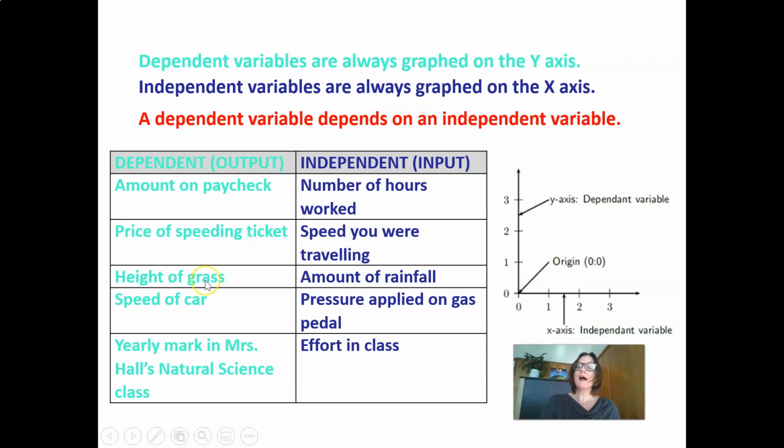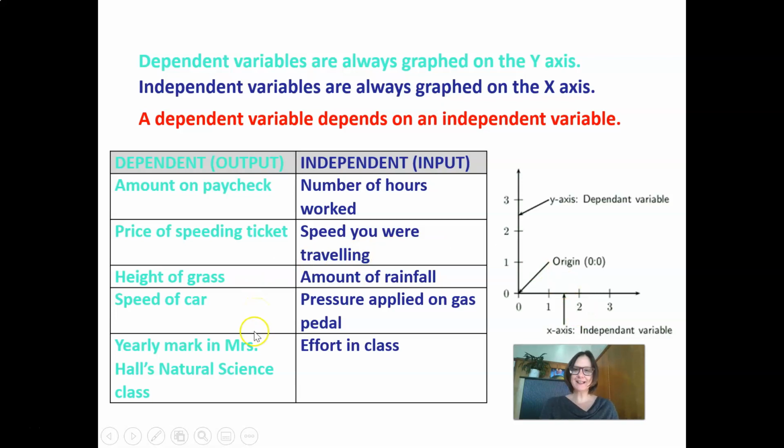Another example: the dependent variable, the height of the grass. How high is the grass growing if you measure it over here on your y-axis? It depends on how much rainfall we had, so it could be in millimeters along the x-axis. Speed of a car on the y-axis, your output, depends on your independent variable, how much pressure you apply on the gas. So the further you push your foot down on that accelerator, the faster your car will go.